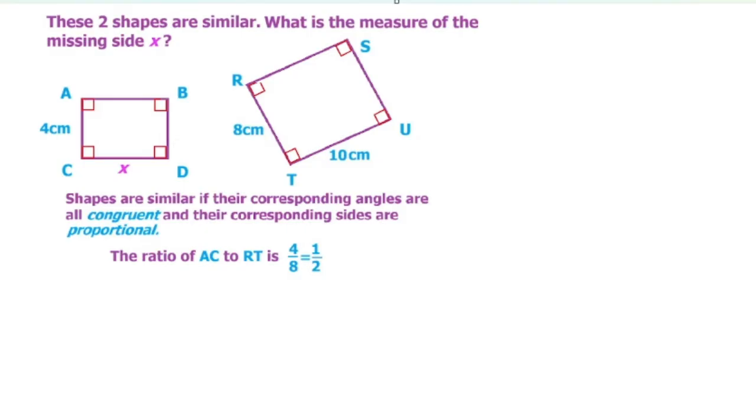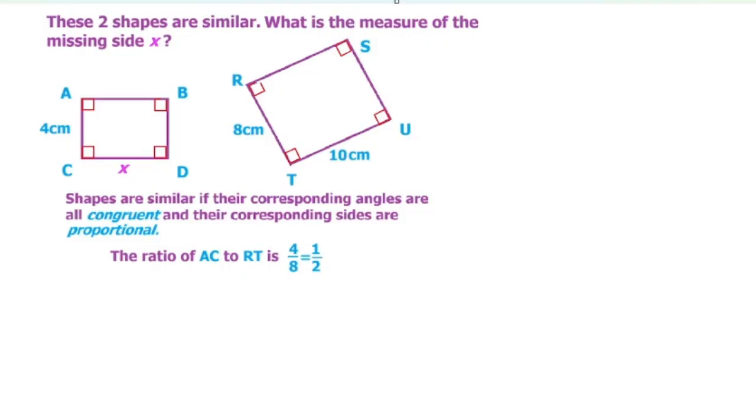So the ratio of 4/8 equals 1/2. So that's their proportional value. So now the ratio of CD to TU is going to be x/10. We know that the shapes are similar.